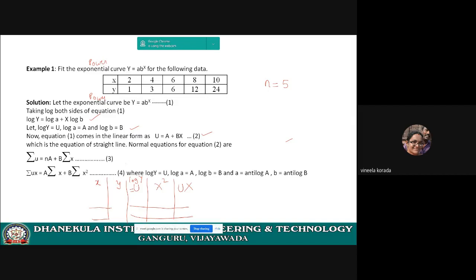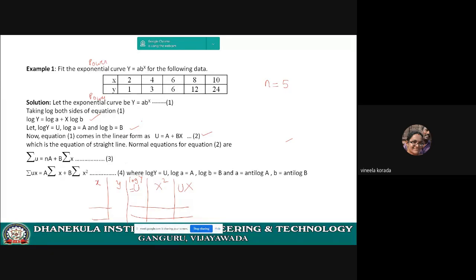Okay, now calculate all these columns. Here also remember, take log to the base 10. Calculate fast.